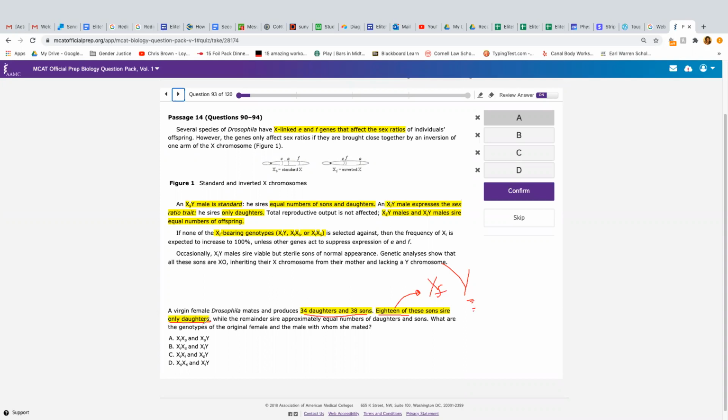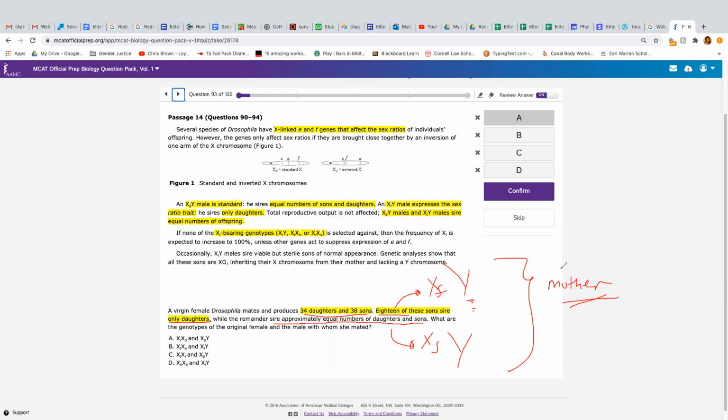So we read the rest of it and it tells us that the remainder are going to sire equal number of daughters and sons. So that tells us that the rest of those have XS and Y. And remember, all of these offsprings have the same mother. That's very important to remember, they have the same mother, right?